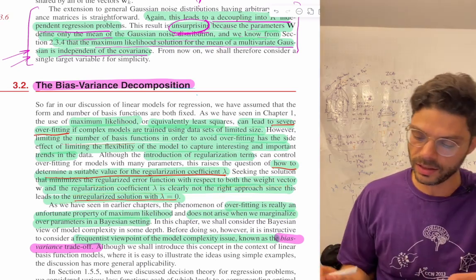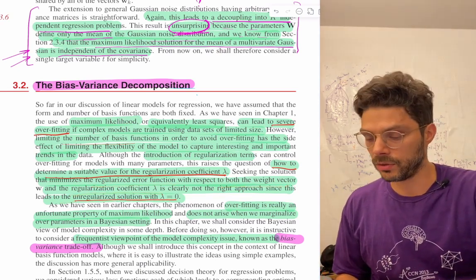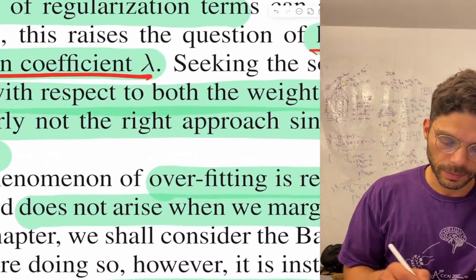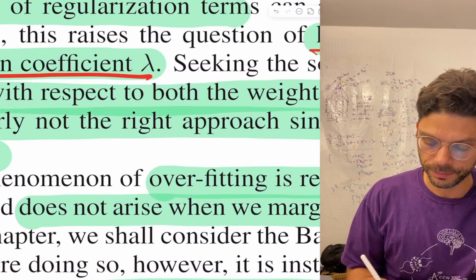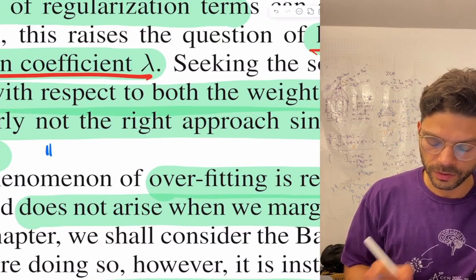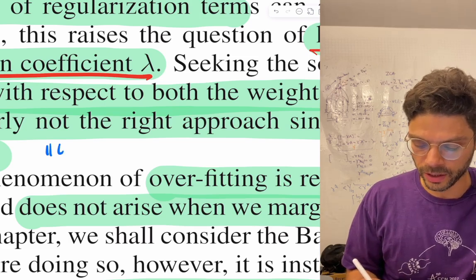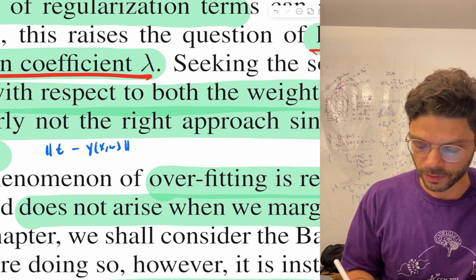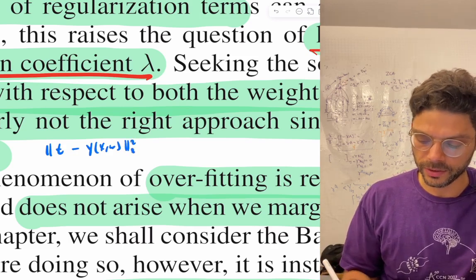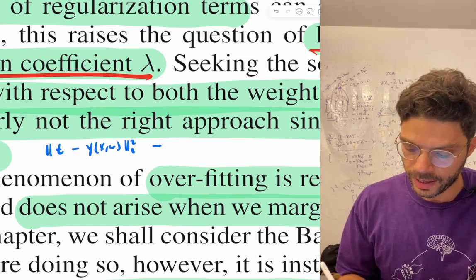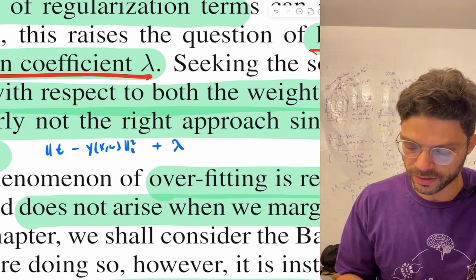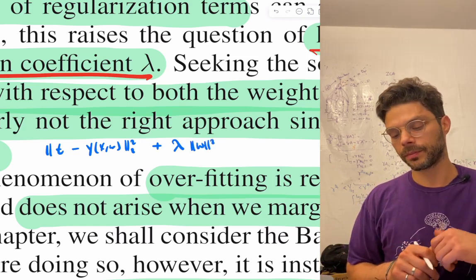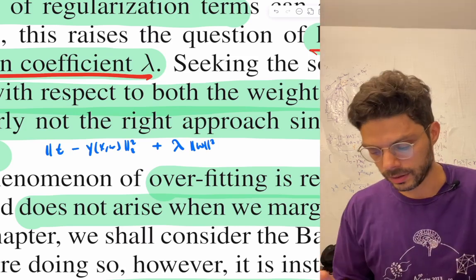So what he's saying here is, and let me zoom in a bit to show you guys, that if you've got your target minus y of x, w, squared, so that's your goodness of fit term, and then you've got some regularization term. Let's say we were going to try to keep w small.